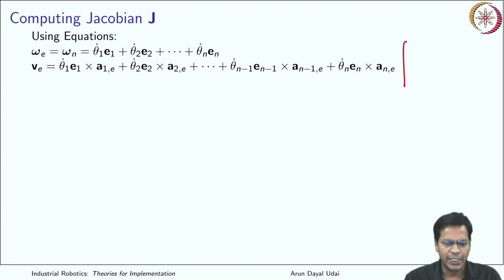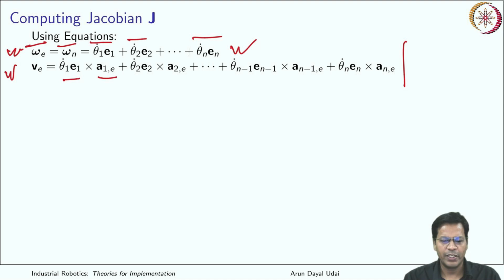So the angular velocity at the end will be the sum of angular velocities. The velocity of the end effector will be theta 1 dot e1 times a1e, similarly a2e, an minus 1e, ane. So all the contributions will be added together till the end effector. You reach till this. So these are the two equations.